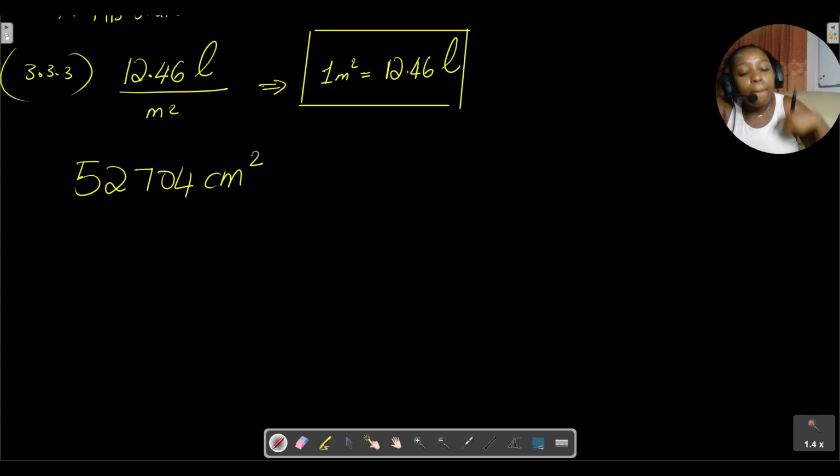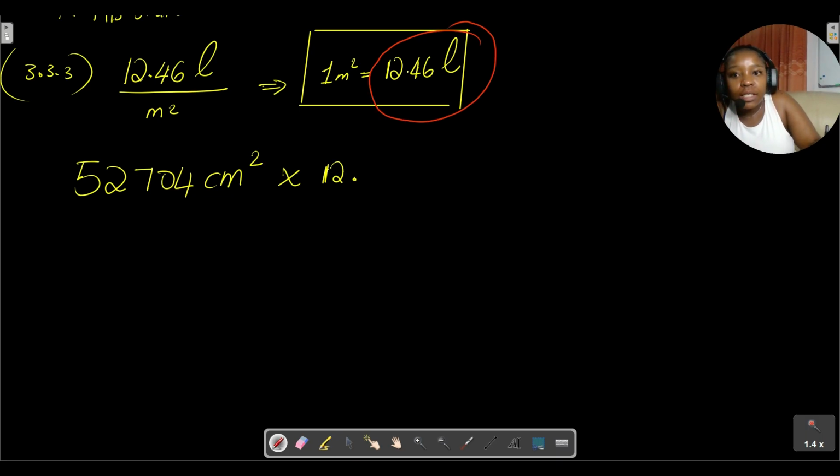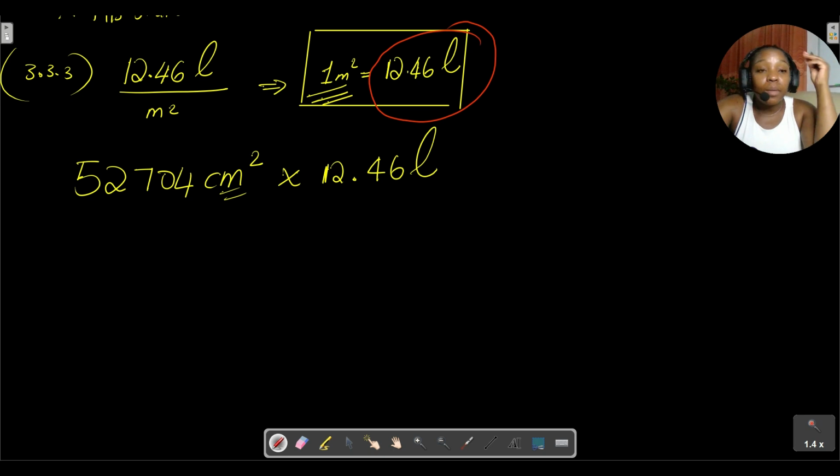Using this equation, multiply by what you want, divide by what you have, right? What do we want? How many liters of paint? So you're going to multiply by 12.46 liters. Units are not the same. We've got centimeters squared, you've got meters squared. So now we need to first do something before we can apply this, right? What do we need to do?